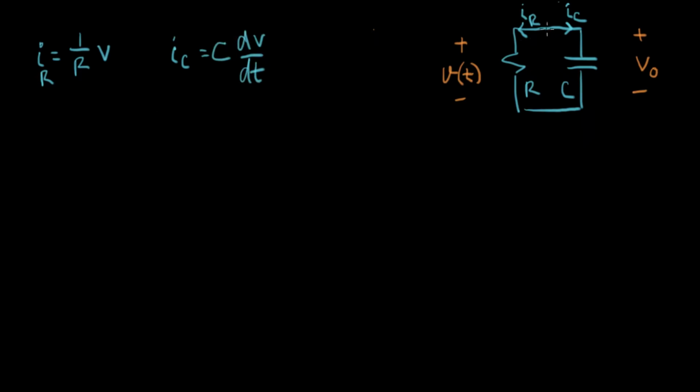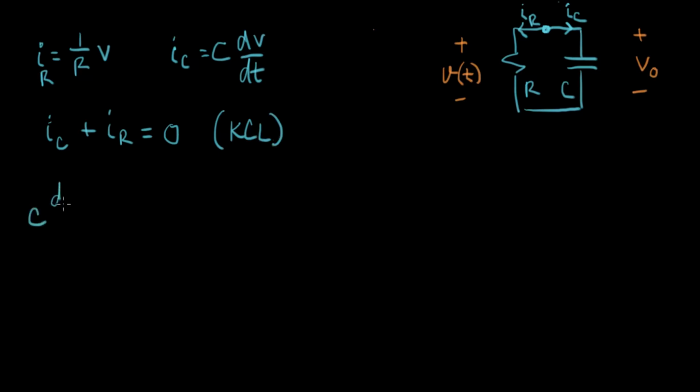Now, I'm going to use Kirchhoff's current law on this node right here, and that says that all the currents flowing out of that node have to add up to 0. So let's do that. IC plus IR equals 0. This is KCL, Kirchhoff's current law.